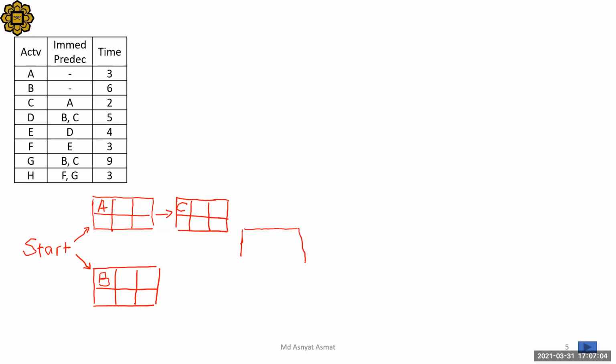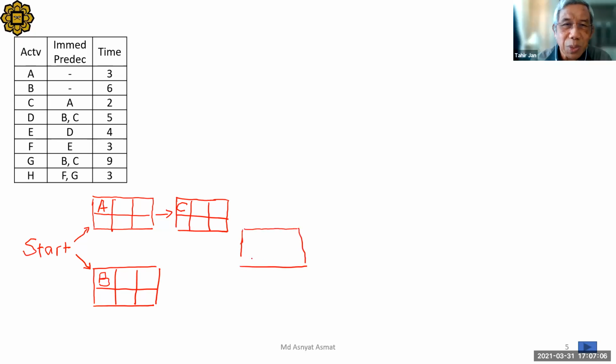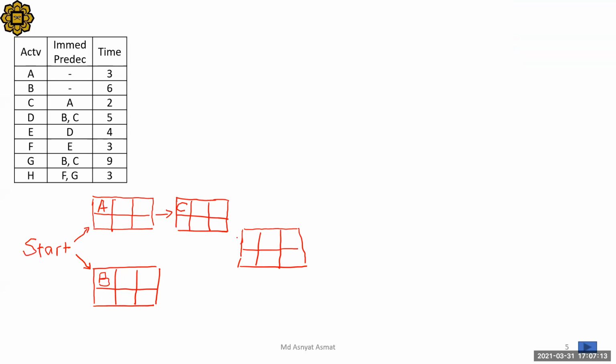I need the space, so I try to save as much space as possible. So what's that? D, is it? D is after C and B.